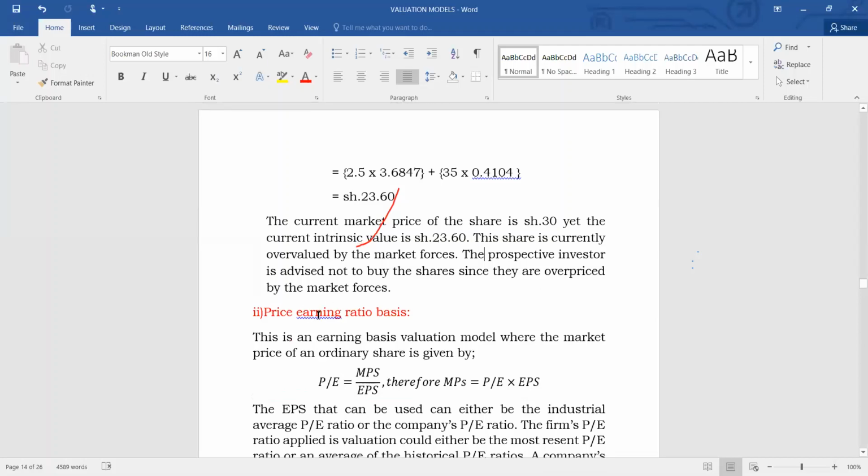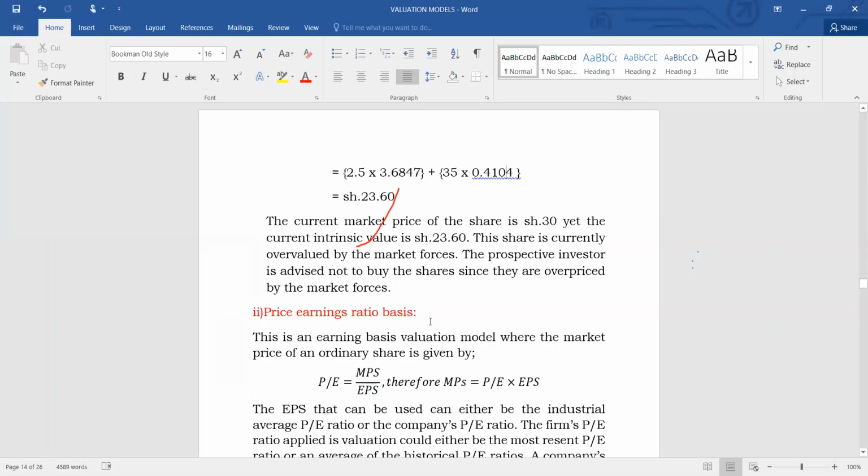So please don't assume that each time ordinary dividend will remain fixed. That applies to interest and to preference dividend. It may apply to ordinary shares, but not every time will ordinary dividend be fixed.